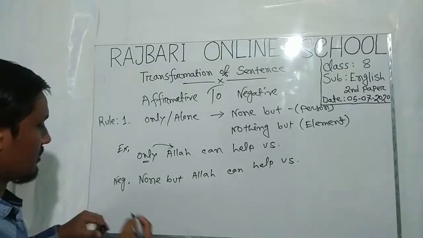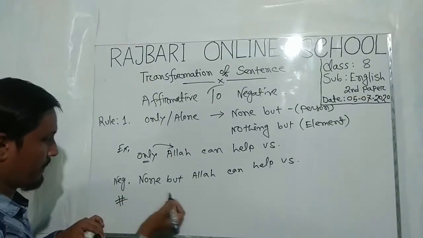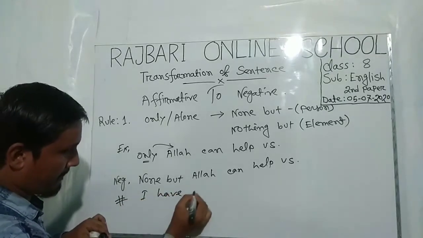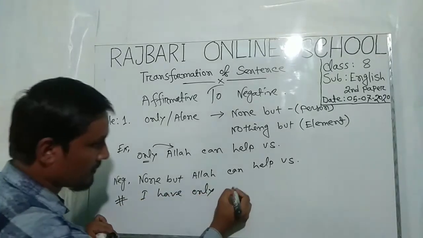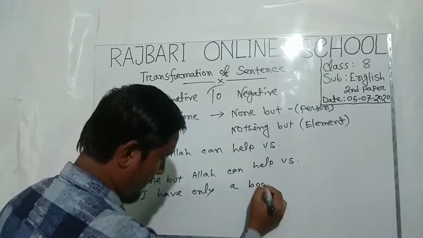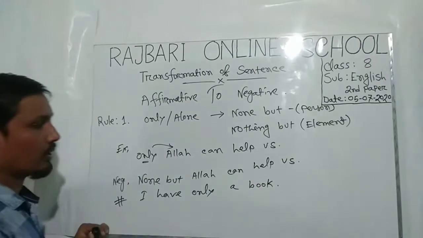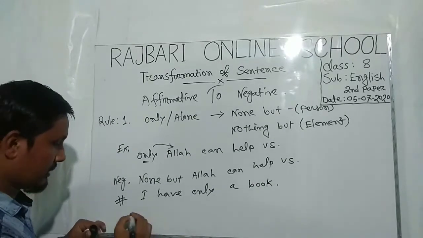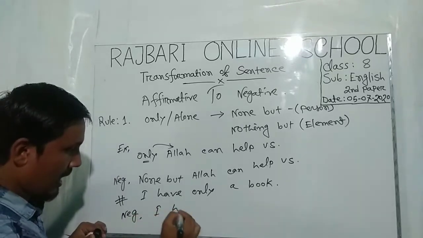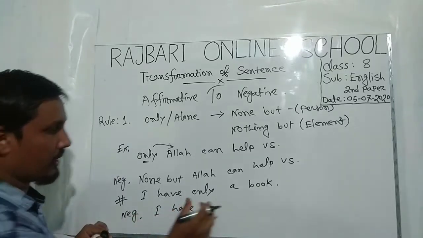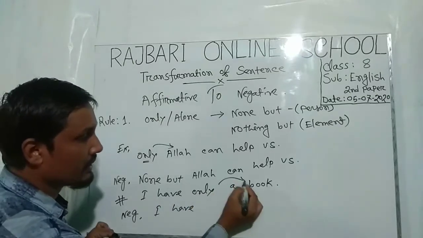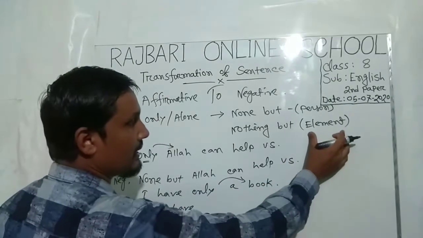Again, I would like to give you another example: I have only a book. Here I have to make the negative. You have to understand one thing, that only is connected with book, and book is an element.